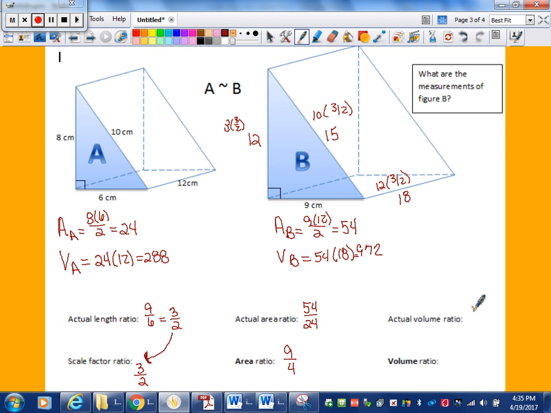So my actual volume ratio is 972 to 288. But to get my volume ratio, the actual ratio itself, I would reduce that down by figuring out what they're both divisible by, which I believe is 36. But a lot of calculators nowadays, if you punch this in as a fraction, will reduce it for you, and it reduces down to 27 over 8.